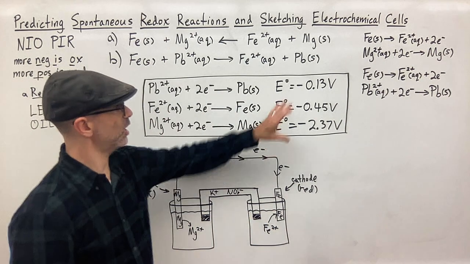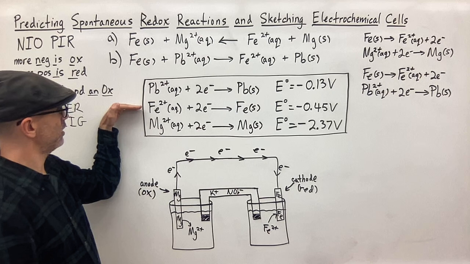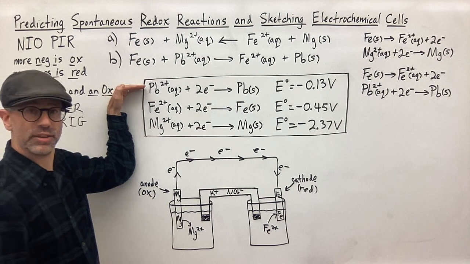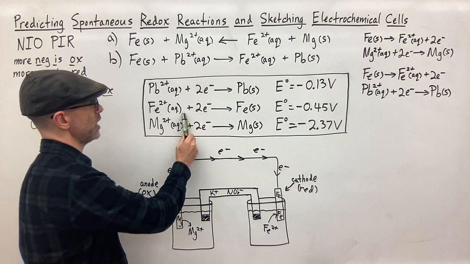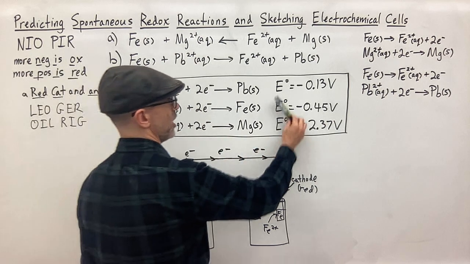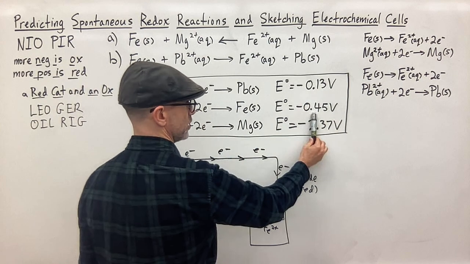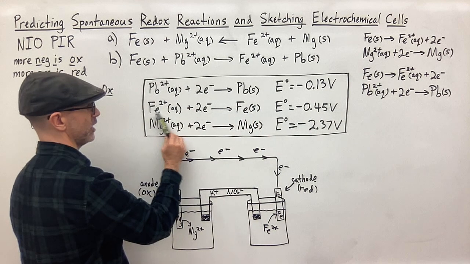So now we're going to compare these two in our table. So we've got iron again, but now we're comparing that with lead. Again, we have both of these written as reduction reactions in our table, and we're given the reduction electrode potentials here. You'll see that lead is higher on the table than iron.